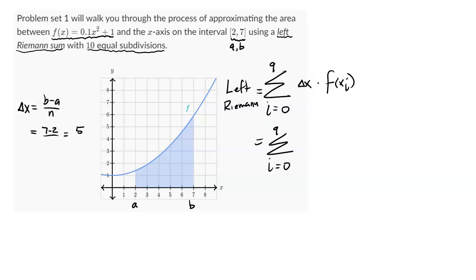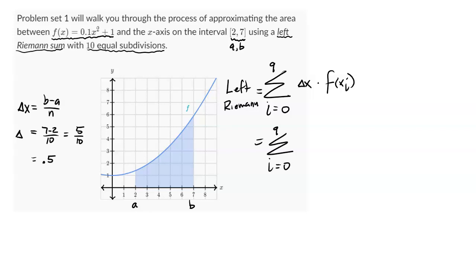How many intervals are there, Ariana? Yep. 10. So n means how many rectangles or intervals or subdivisions is what wording they used. Okay, so delta x is going to turn out to be a half or 0.5.